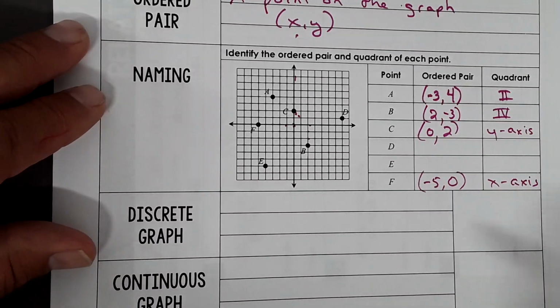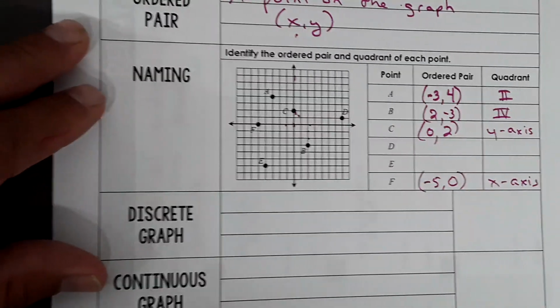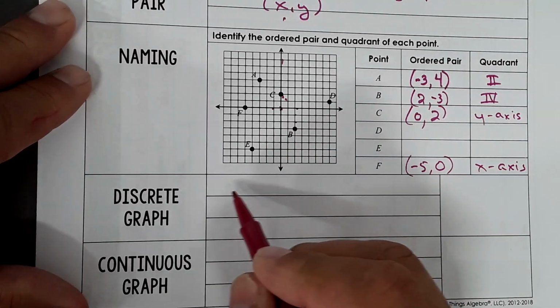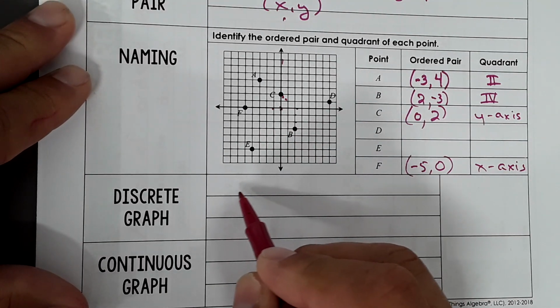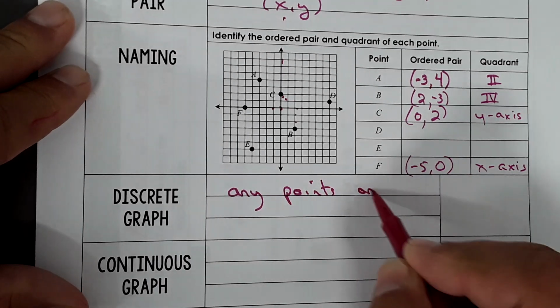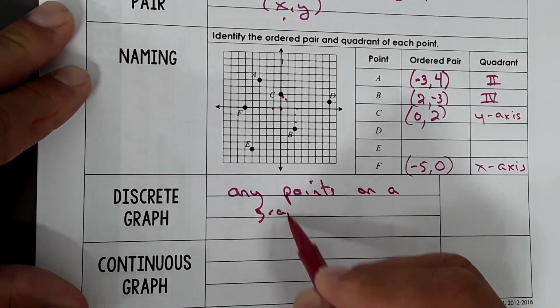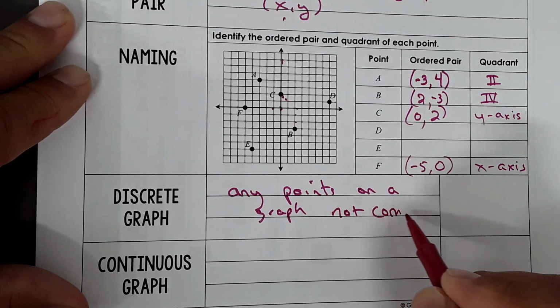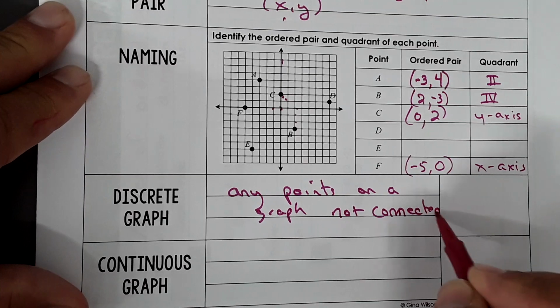Okay, a discrete graph is a graph kind of like you're looking at here. It's just any points on a graph that are not connected with a line.